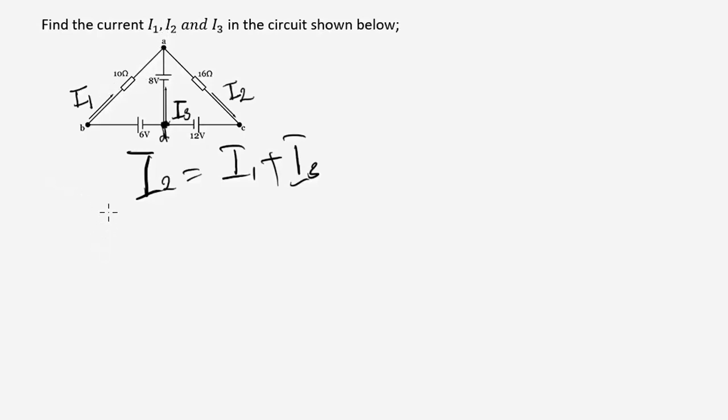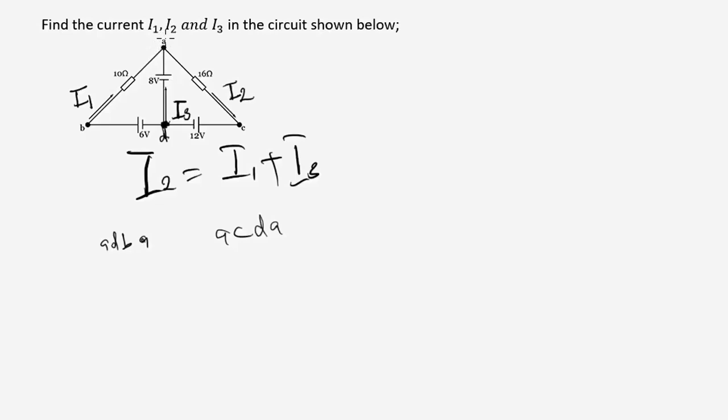Loop 1 is A, D, B, A, and loop 2 is A, C, D, A. So what are we going to do here? We are going to find the voltage drop by making use of Kirchhoff's rule.